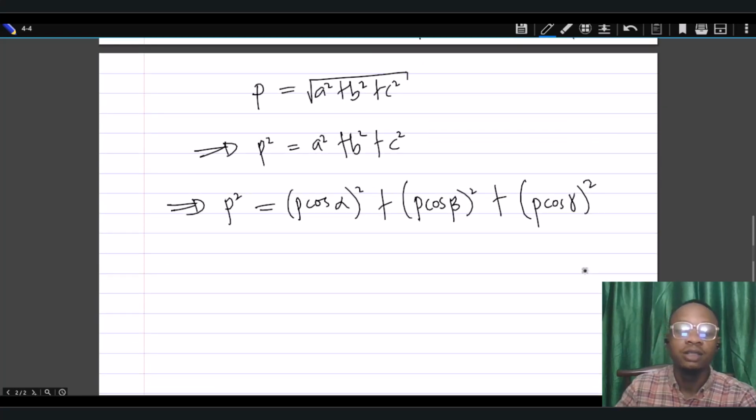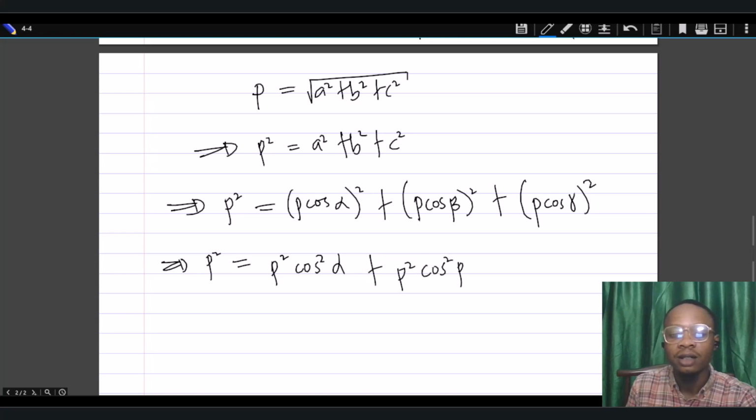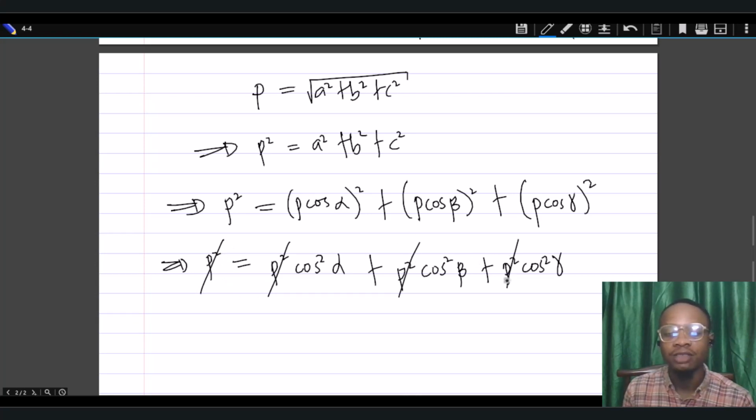When we take the square of all of these, we see p squared equals p squared cos squared alpha plus p squared cos squared beta plus p squared cos squared gamma. So p squared is common to all of them, and we can divide through by p squared.